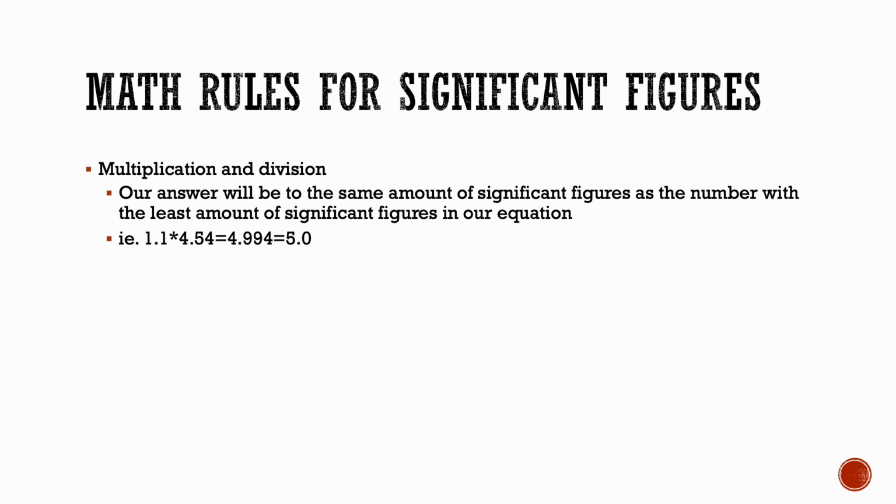And here's an example of that. We have something with 2 significant figures, our 1.1, times something of 3 significant figures, which is 4.54. Our calculator gives us 4.994, but because our first term only had 2 significant figures, our answer has to be rounded to 2 significant figures, so it gets rounded up to 5.0.